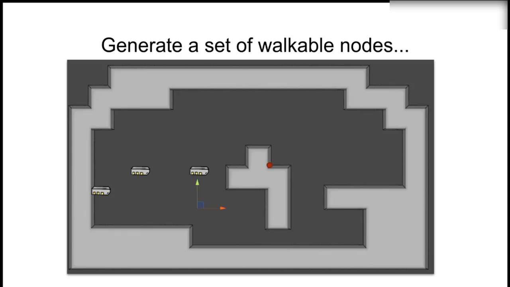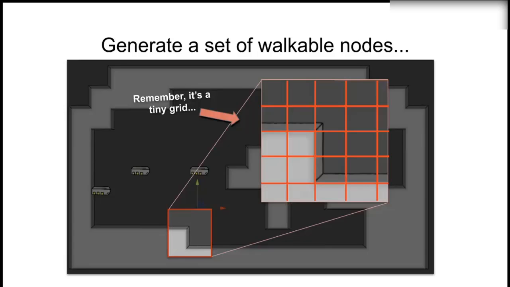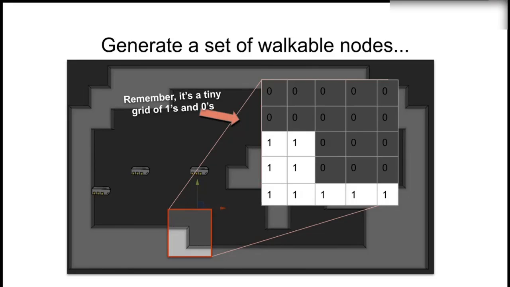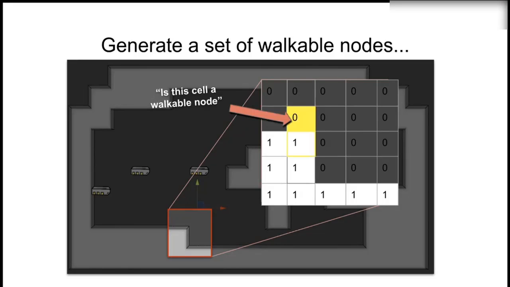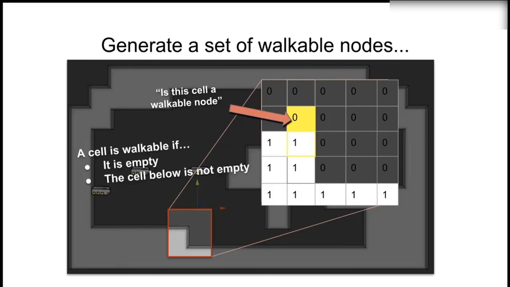But now, in detail, the first step is to generate the graph, and that's in a couple of different steps. First we need to come up with the nodes themselves. We're just going to focus in here, and remember, this is just a grid full of ones and zeros. So coming up with the walkable spots is really just a little pattern match: you're checking a cell, it has to be empty, and the cell below it should be non-empty.